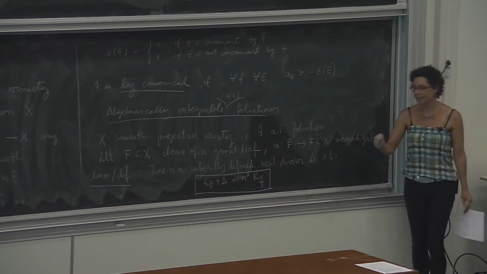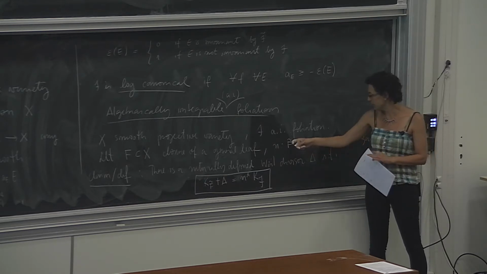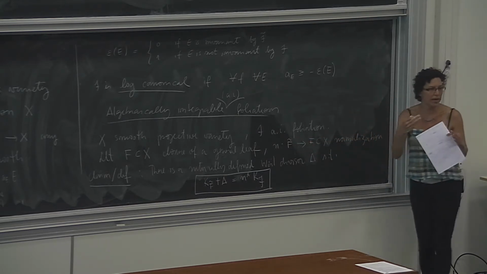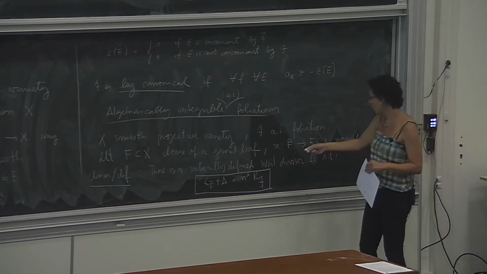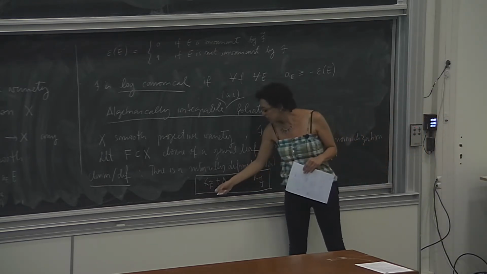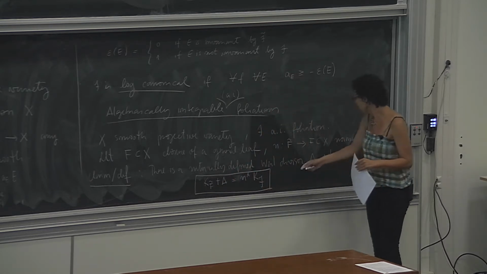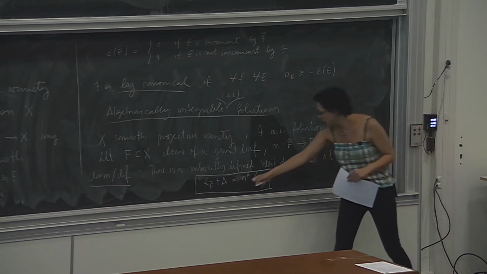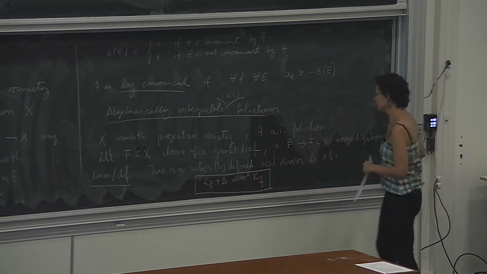So notice that we have no control on this F tilde. It is a normal variety, but it may not be Q-factorial. It can be very singular. And so we don't even know if the canonical class of F tilde is Q-Cartier. But once we add this natural divisor, this becomes actually a Q-Cartier divisor.